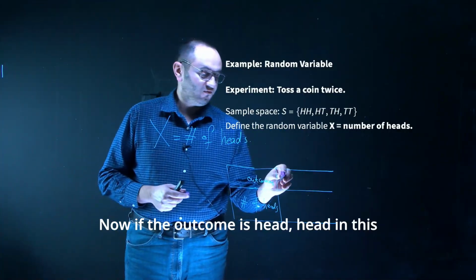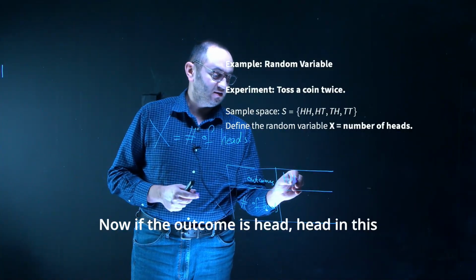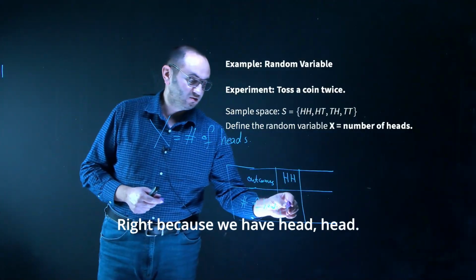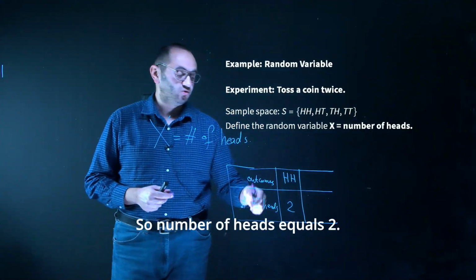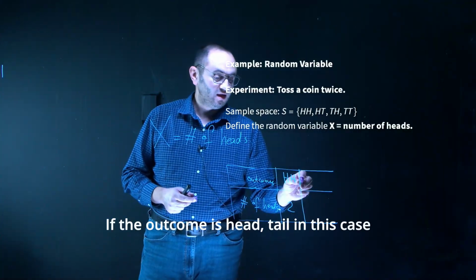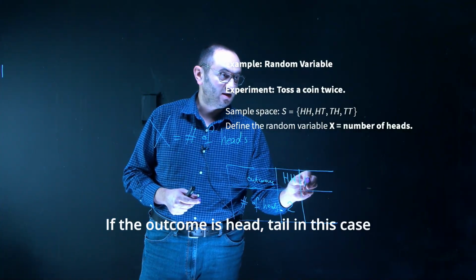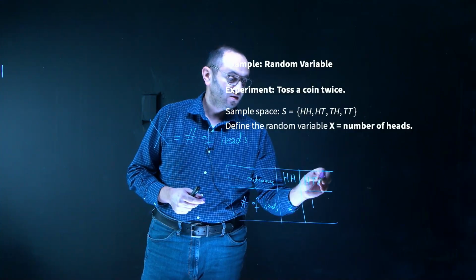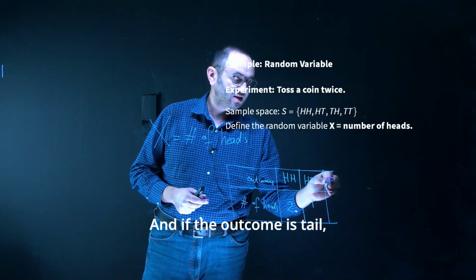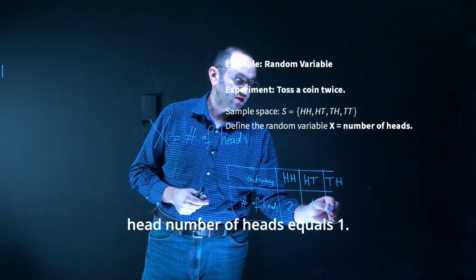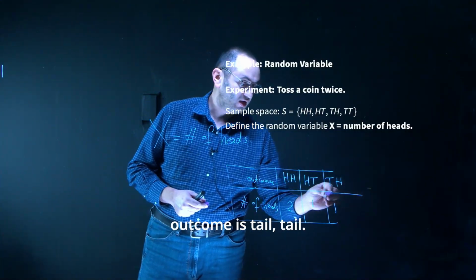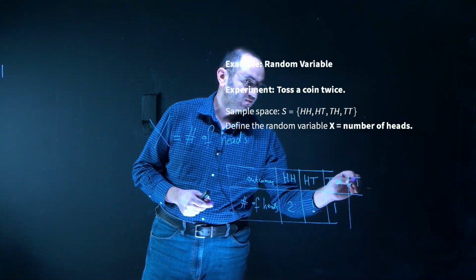Now, if the outcome is head, head, in this case, number of heads equals 2, because we have head, head. If the outcome is head, tail, number of heads equals 1. And if the outcome is tail, head, number of heads equals 1. And the last possible outcome is tail, tail.